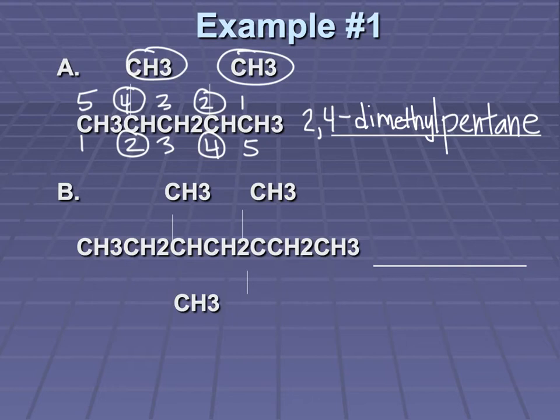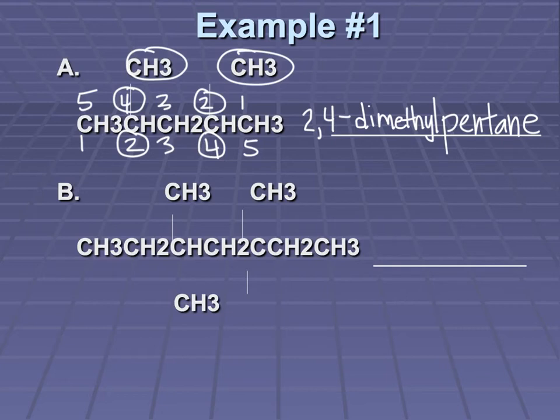All right, so go ahead and try part B by yourself, find the longest chain, and so on. So let's look at all the different possibilities for the longest carbon chain. 1, 2, 3, 4, 5, 6, 7. Okay, one of them has 7. We can also go in this direction and all the other directions.